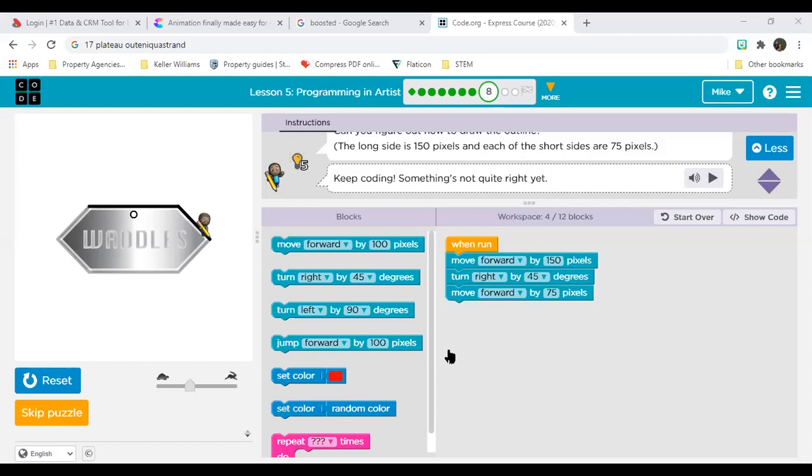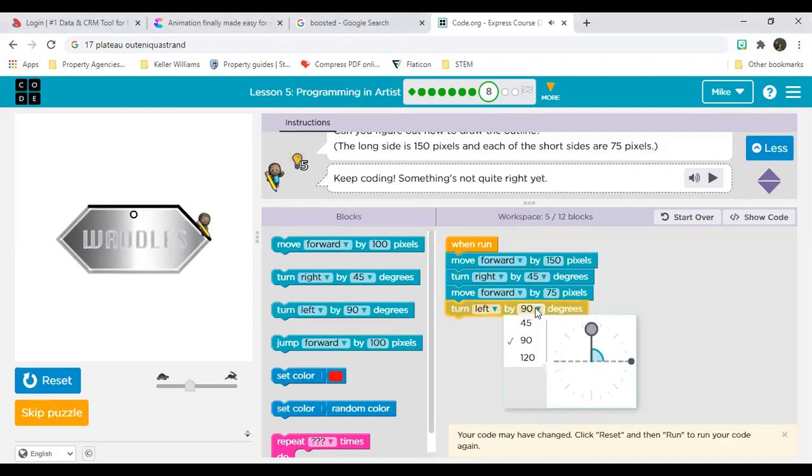We are going to keep moving in the same direction. Remember our character is walking down here. So if he turns left, let's turn left by 90 degrees and move forward. We'll see what's going to happen.